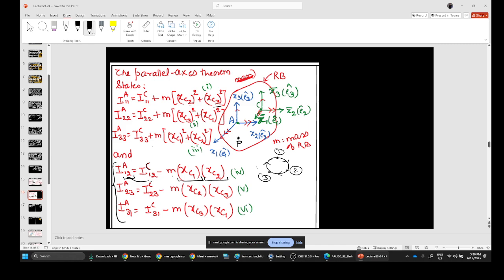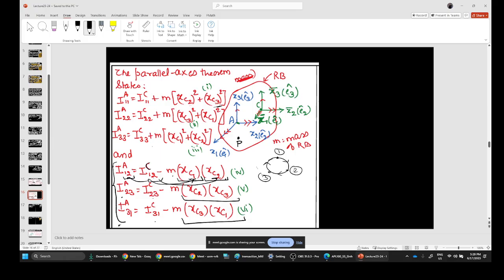So here you have indices 1, 2, and then it is 1 and 2. Okay. Then you have IC23 going to IA23 and IC31 going to IA31. And the additional terms like this.